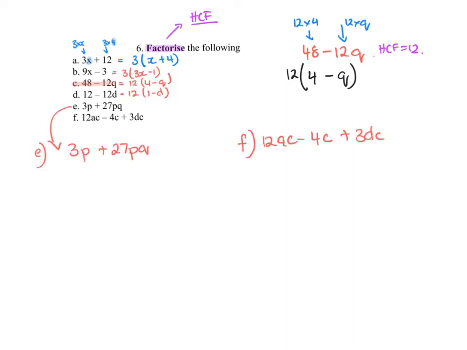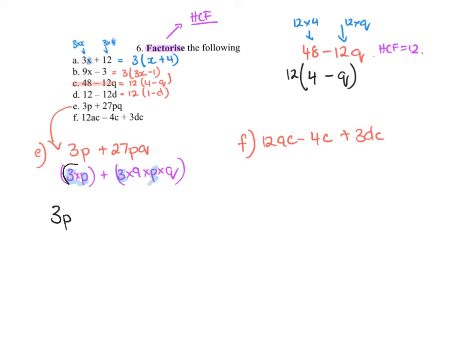Okay, so I'm going to do E over here. So I'm looking for factors. So this one could be 3 times P. And this one could be 3 times 9 times P times Q. So there's me writing out those terms in factors. So if I look, what is common is actually 3 and P, because there's a 3 and a P there. So I will take that outside the bracket, 3P.